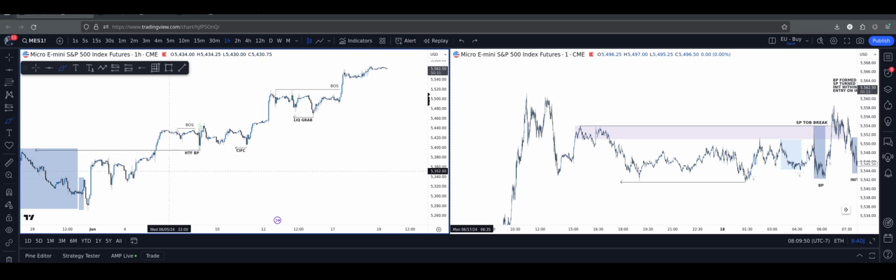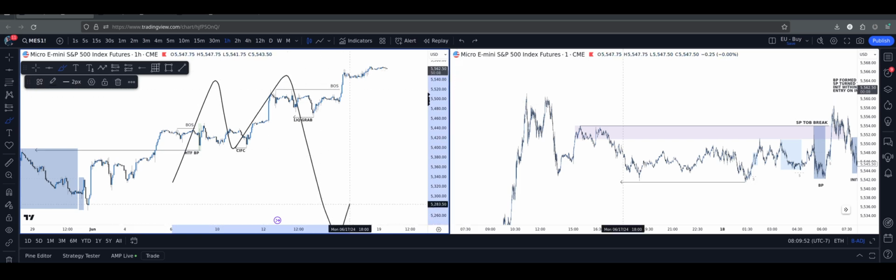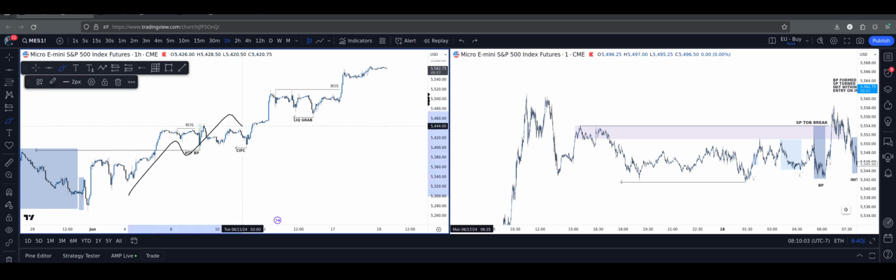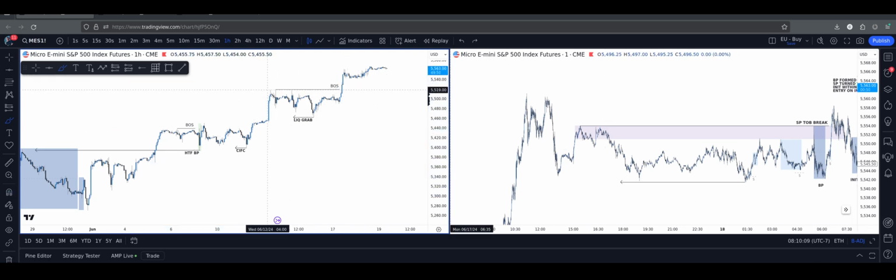Instead, Euro dollar is sort of everywhere from a higher time frame perspective, and so it's a different ball game. Whereas this E-mini S&P 500 is making higher highs at the moment, and it's different in its characteristics.